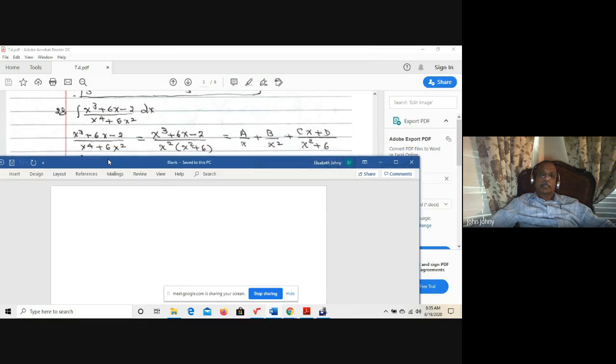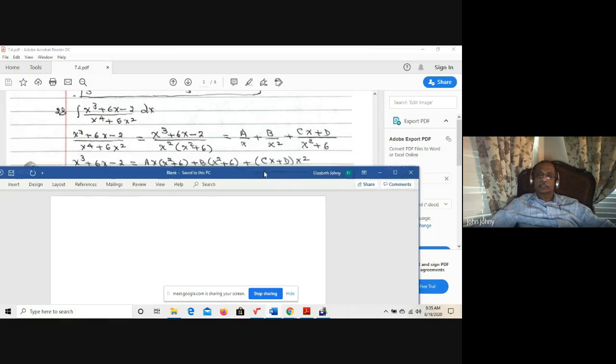So factor the denominator. X cubed plus 6x minus 2 divided by x to the 4 plus 6x squared is equal to x cubed plus 6x minus 2 divided by, pull out the common factor, x squared times x squared plus 6. So it is going to be a over x plus b over x squared plus cx plus d divided by x squared plus 6.